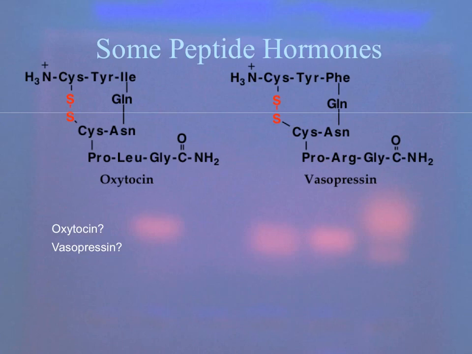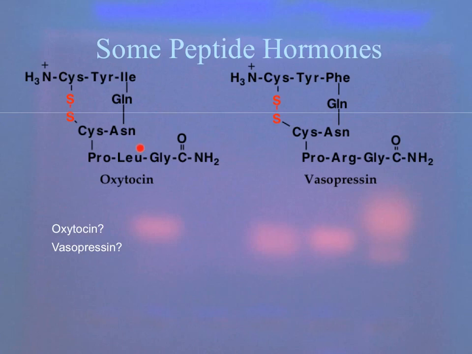What else? There are just two differences. This one is isoleucine, and this one is phenylalanine. Typically, this one's considered a relatively minor modification because they're both hydrophobic. Yes, it's true that this one's aromatic and this one's branched, but they're both hydrophobic.